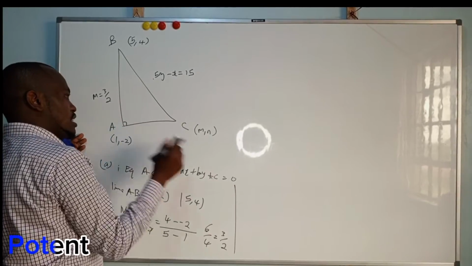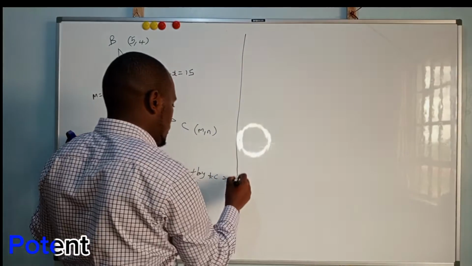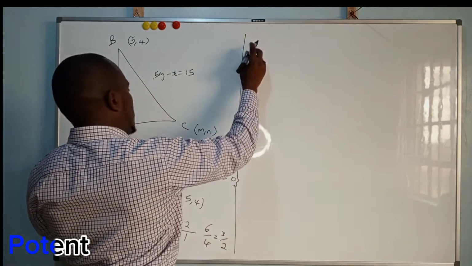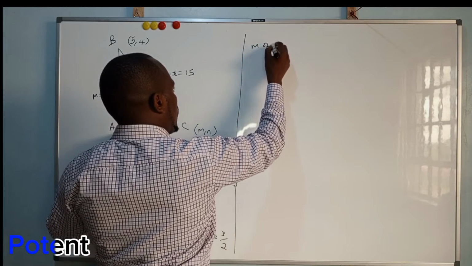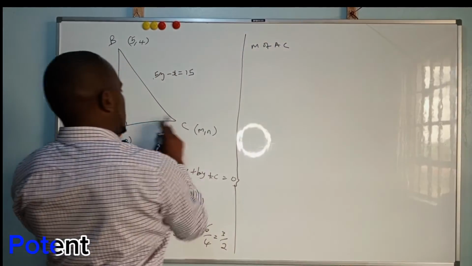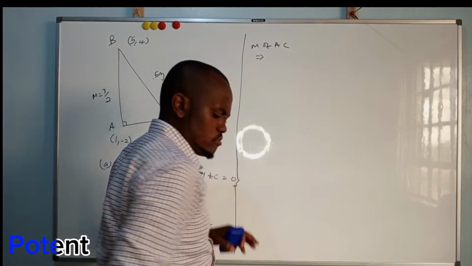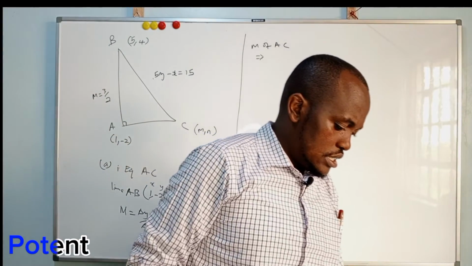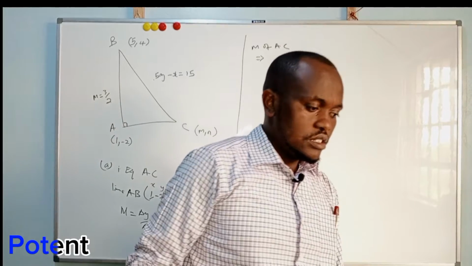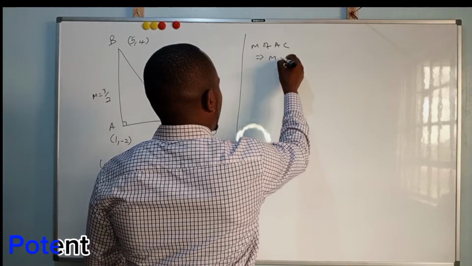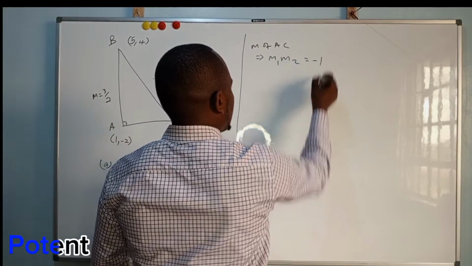But you want to find the gradient of this line AC. We know m1 times m2 is equal to negative 1.